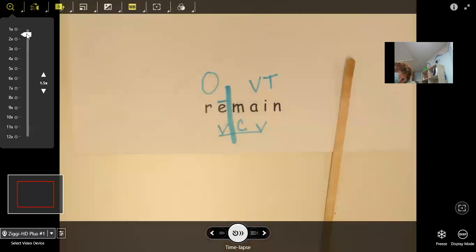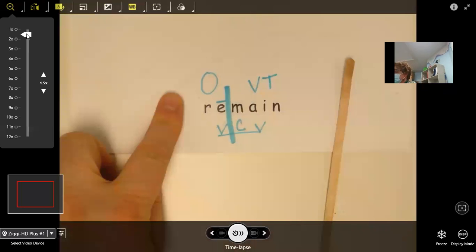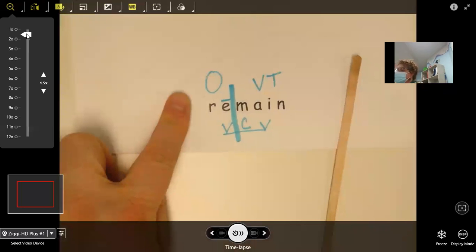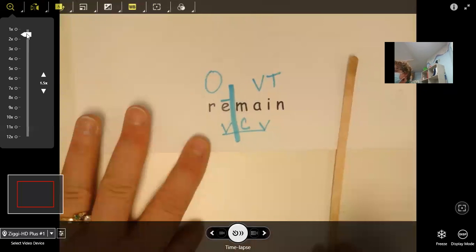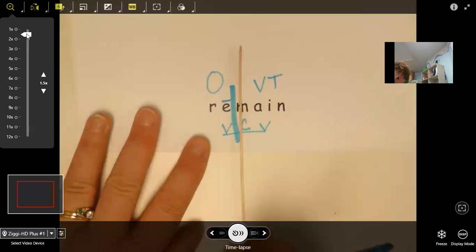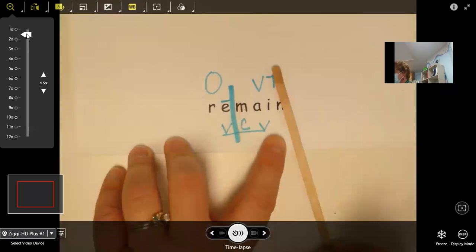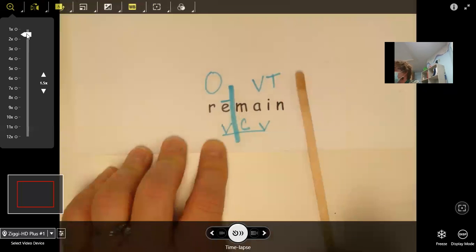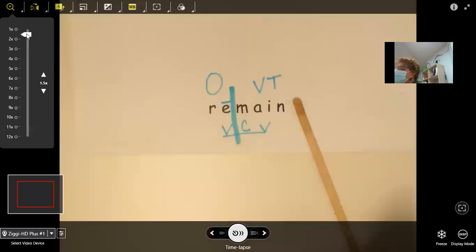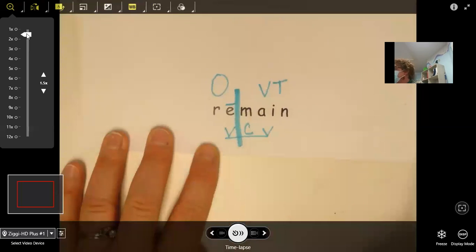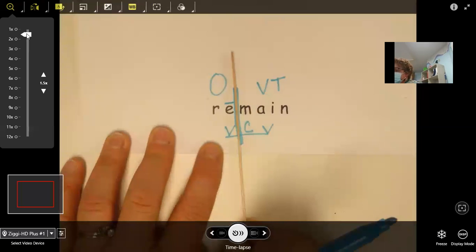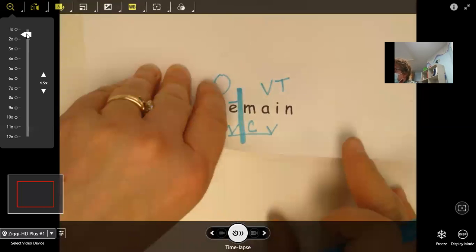With the vowel team and the O? All right. So those VCV ones are a little tricky, right? Because it can go on either side. So it is a little tricky because you want to make sure that it's actually making the sound you want it to make. Here's our next one.